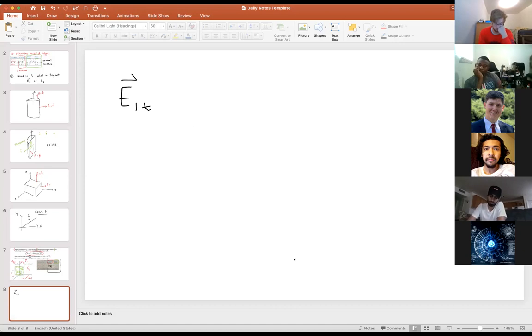Because in order to create a surface, if you just think back to calculus, you need at least 2 variables. And so the tangent field is a surface field, so you need at least 2 variables on this. So let's say that the tangent field is in the x direction, and then E1x.